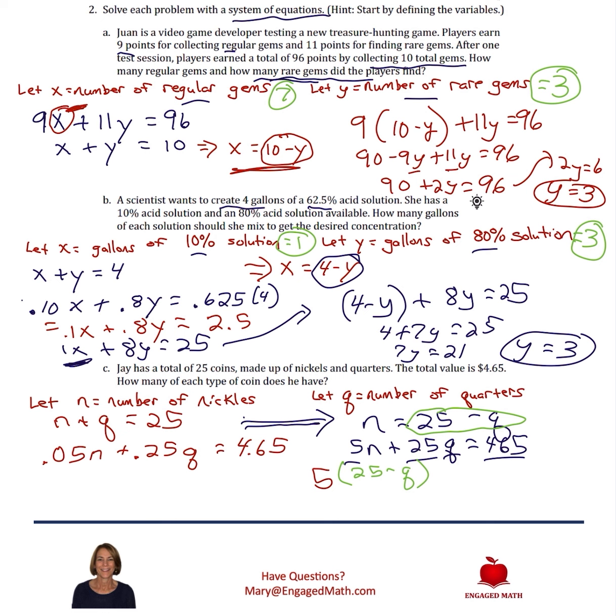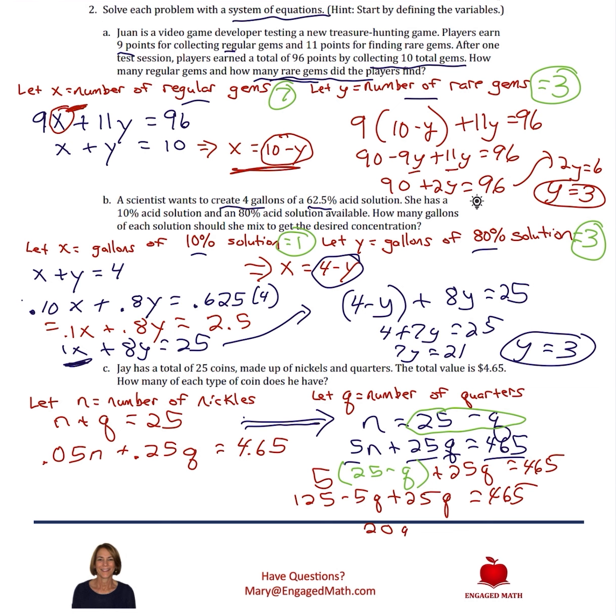The only thing that's in green is what we put in for the value of n. So then we're going to say plus 25q equals 465, because remember, we got rid of all those decimals. All right, so now we have 125 minus 5q plus 25q equals 465.